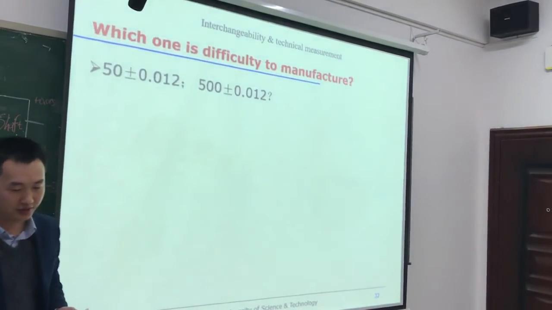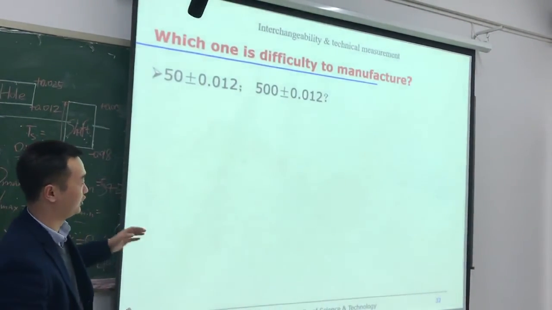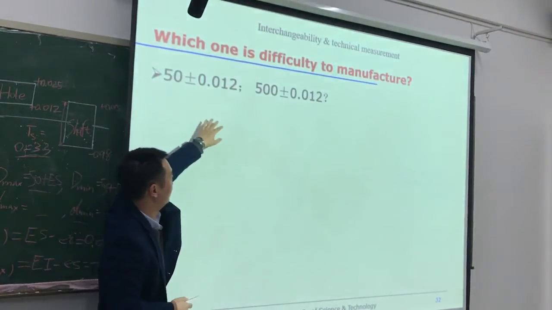So here is a question. Which one is more difficult to manufacture if you want to make a cylinder with a certain diameter, this one or this one?